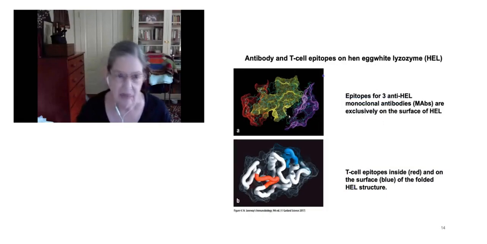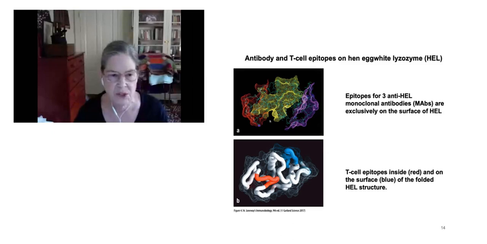Now, getting to the structure, antibodies bind to the surface of just about anything. This is binding 3 epitopes. These are 3 epitopes on the surface of hen egg white lysozyme. And you can see this is one surface bound by HyHEL-10, another one by HyHEL-5, and another one by HyHEL-7, for instance.